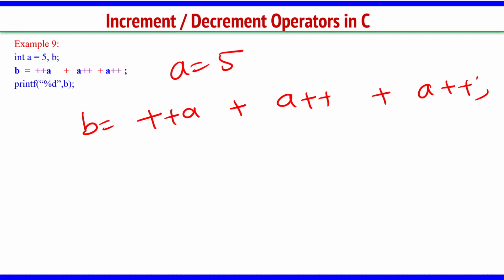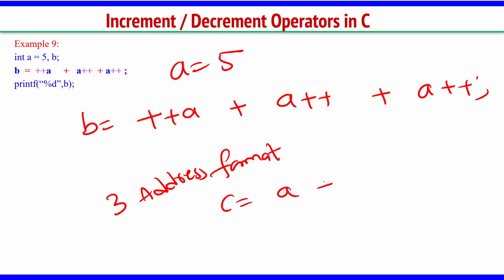Okay, let's see the answer for this. Yeah, so generally this is one important point. The C compiler always follows the three address code format to solve any arithmetic expression, meaning there could be an expression like this with 3 variables and only 2 operators.